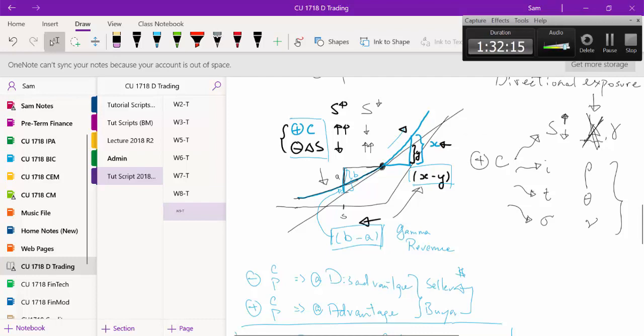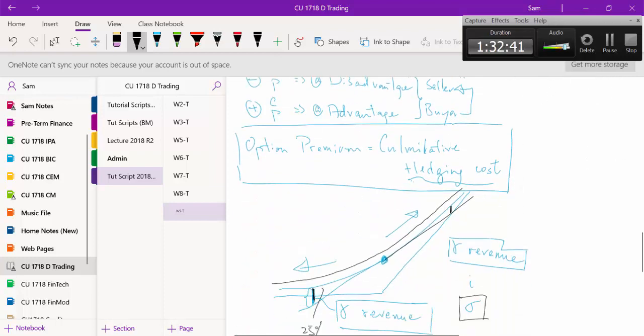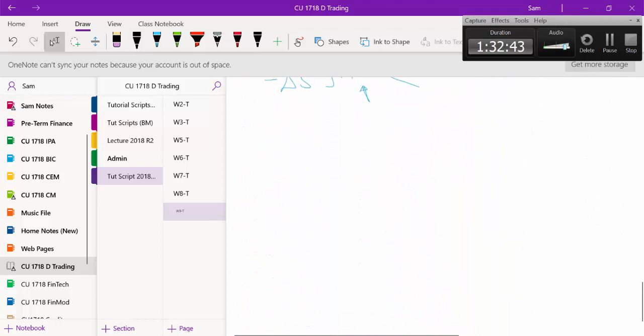The straight line should go the other way. That's what you mean. Let me see if I'm hearing your question correctly.